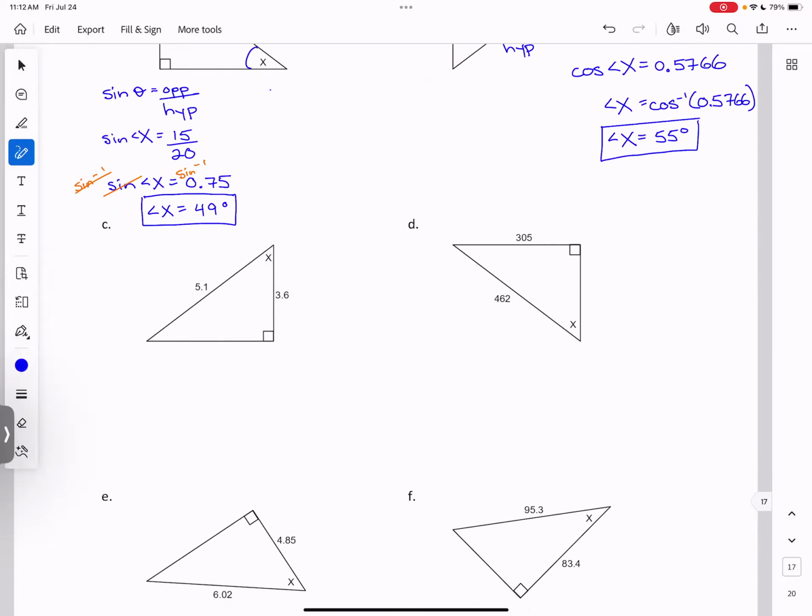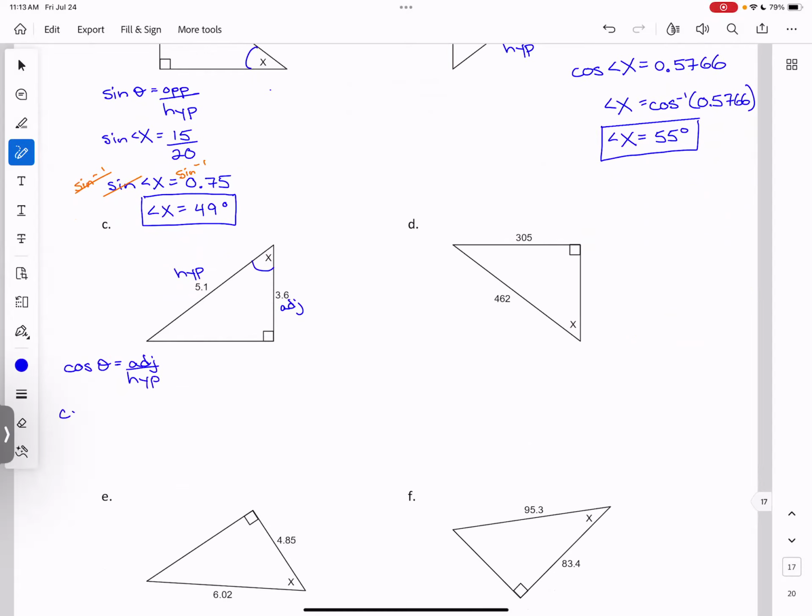Okay, moving on. So relative to this angle x, we are dealing with an adjacent and hypotenuse. So we want a ratio involving a and h, which is cosine. So cosine of any angle theta is adjacent over hypotenuse.